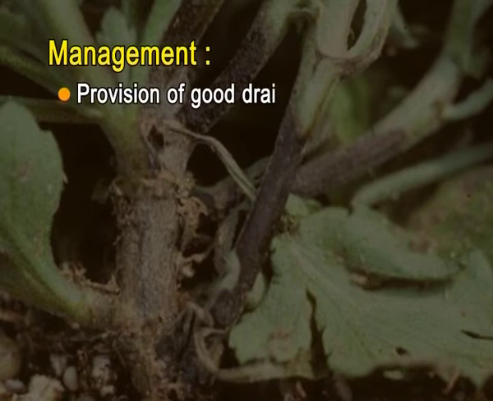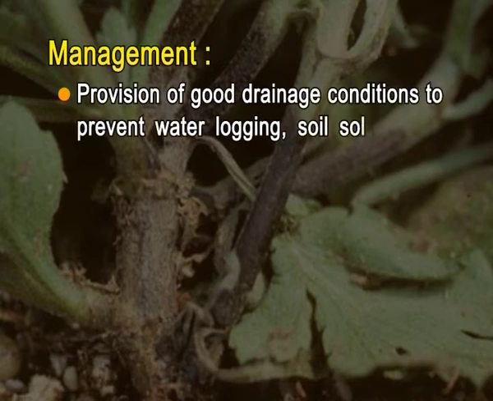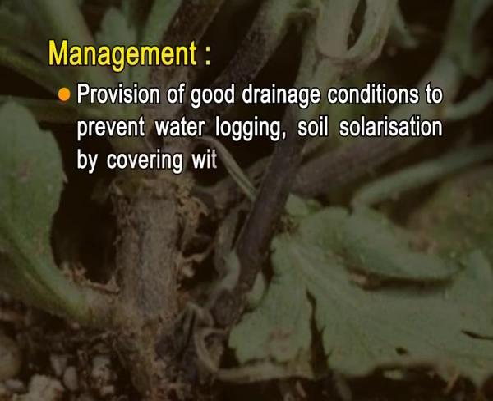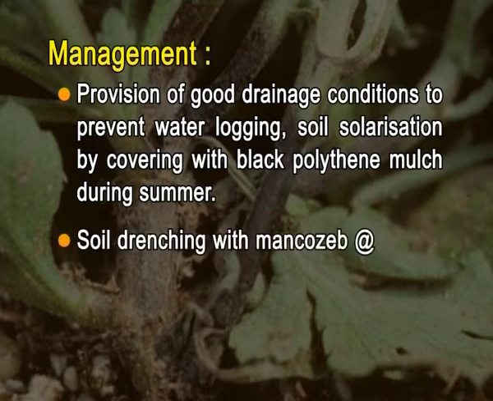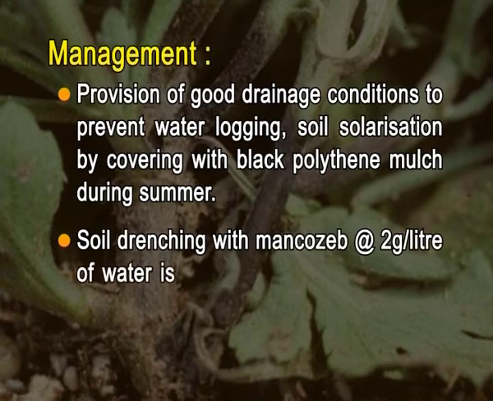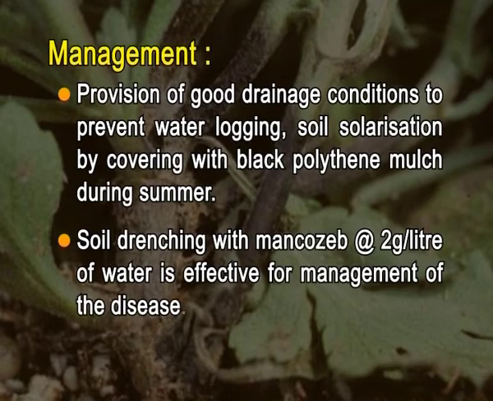Provision of good drainage conditions to prevent waterlogging, soil solarization by covering with black polythene mulch during summer, and soil drenching with Mancozeb at the rate of 2 gram per liter of water is effective for management of the disease.